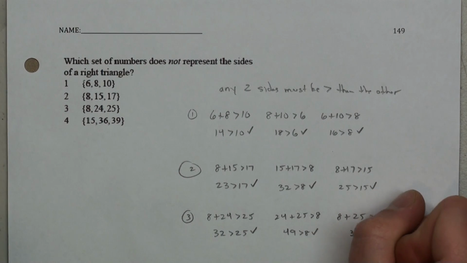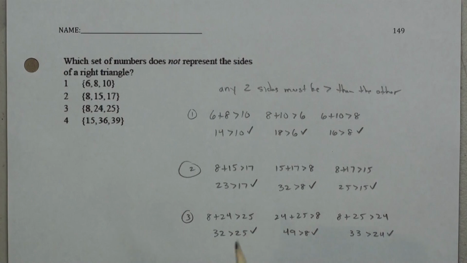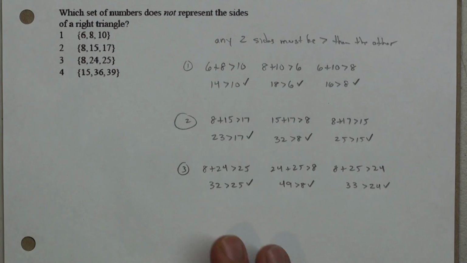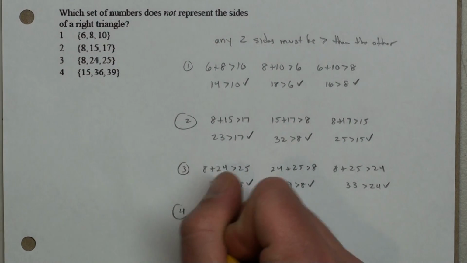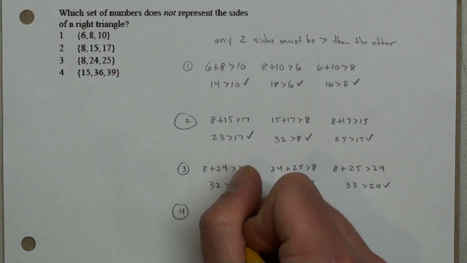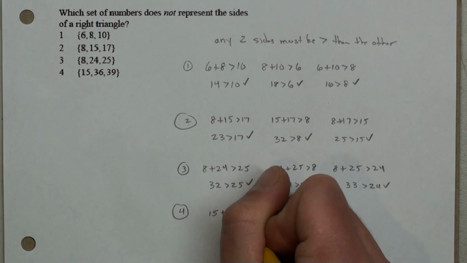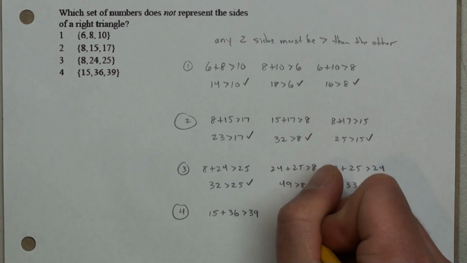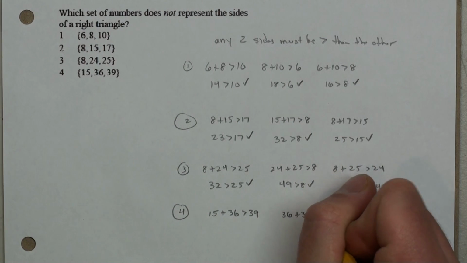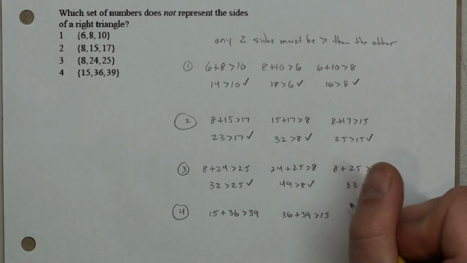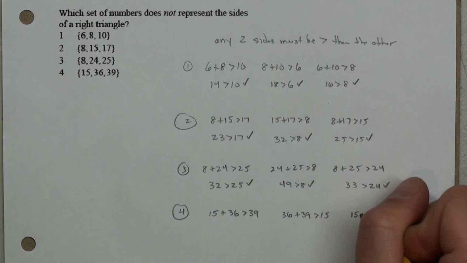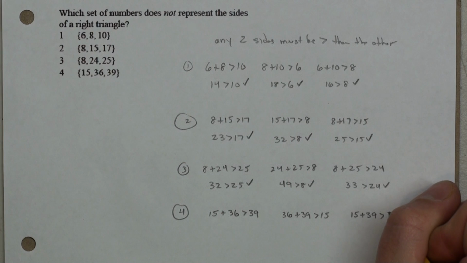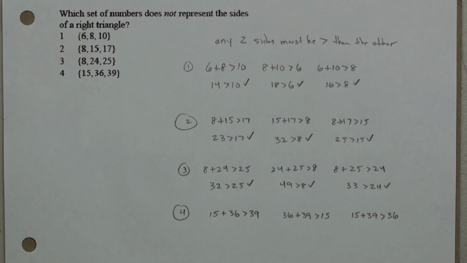And 33 is greater than 24. That's true. So we got one more to try, which should be the answer. So let's check. 15 plus 36 must be greater than 39. 36 plus 39 must be greater than 15. And 15 plus 39 must be greater than 36.